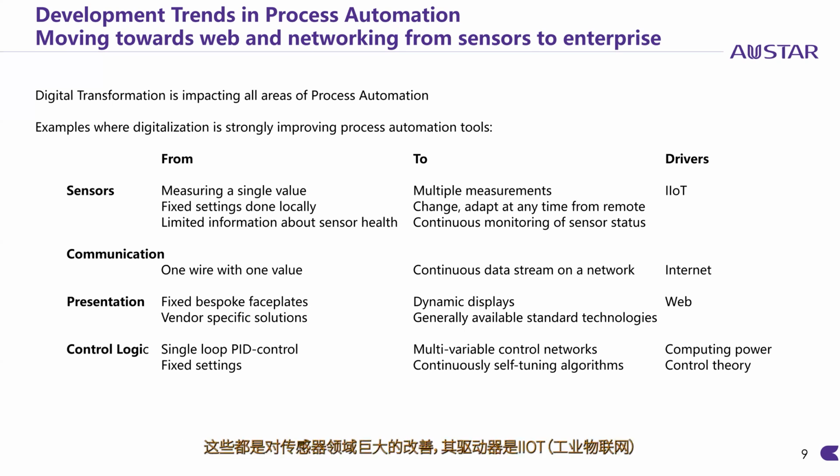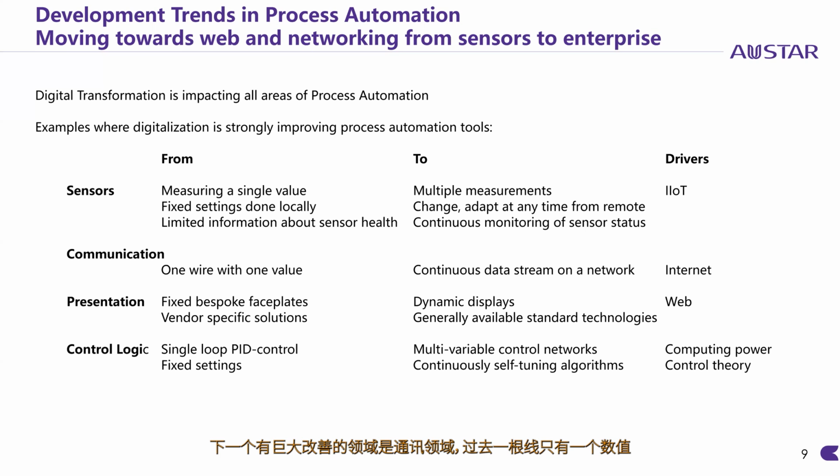Then in the old times, we had only limited information about the sensor's health. Today, we can continuously monitor their status. So this is a great improvement in the area of sensors, and that's driven by something called IIoT, Industrial Internet of Things, that helps us improve all this sensor business.